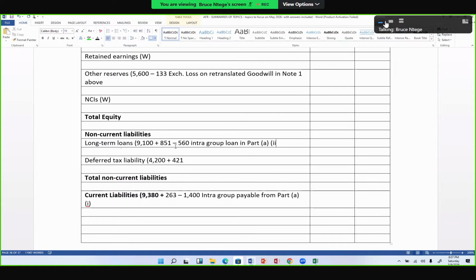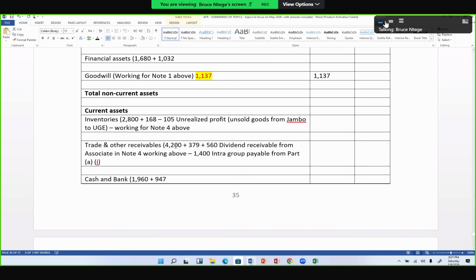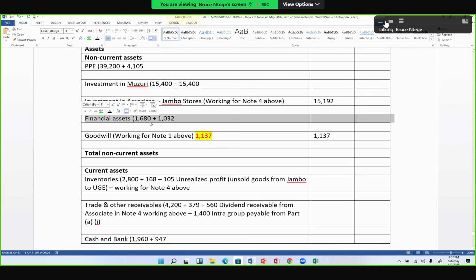So I'm canceling it. I'll do the same in the financial assets. If the debit is in the loan or non-current liabilities, then the credit is in the financial assets. So I have financial assets here. I put the credit, which is a minus as well, there. So at that point, I've dealt with part A1 and also part A2.